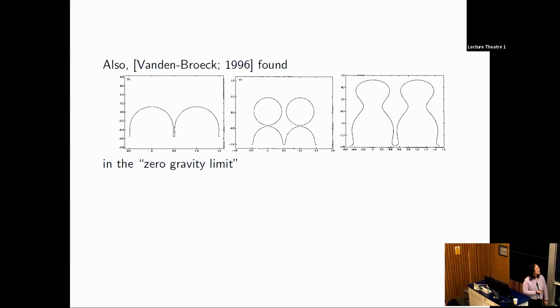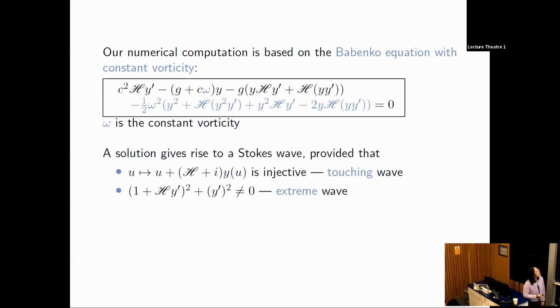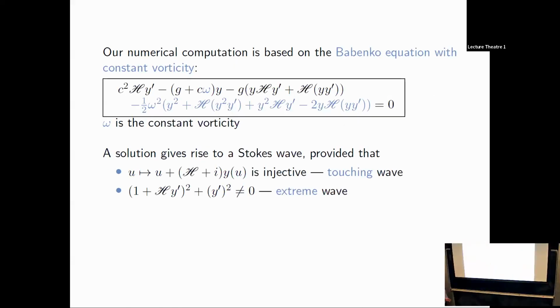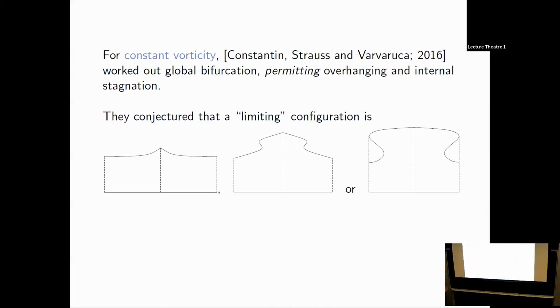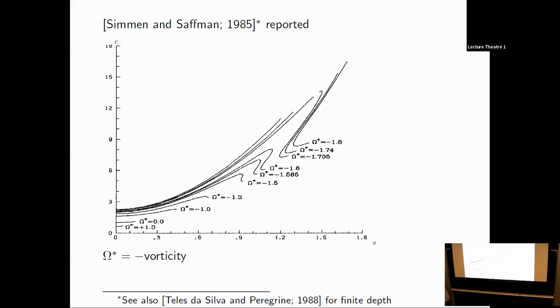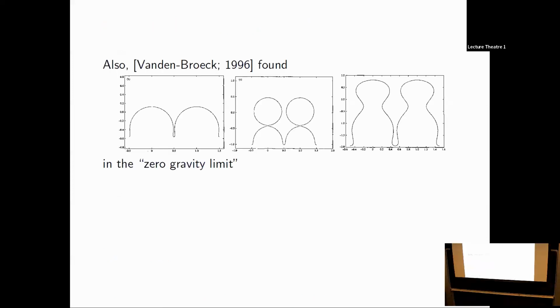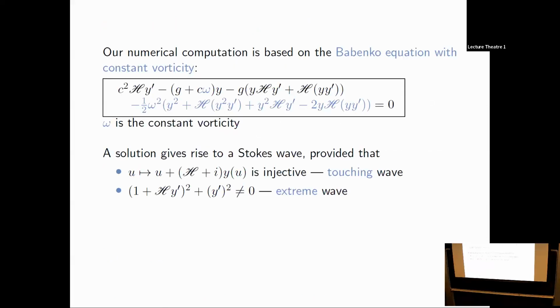Now, Jean-Marc, Simmen and Saffman, and also Pullin and Da Silva and Peregrine all used a reformulation of this problem into a boundary integral equation. That has been the traditional approach, and our approach is to reformulate this problem into a Babenko-like equation.